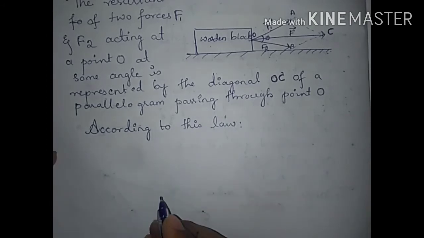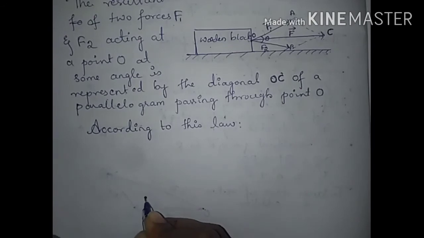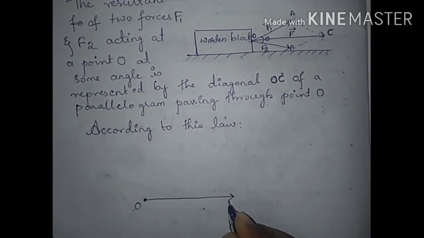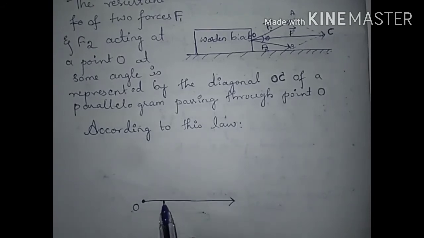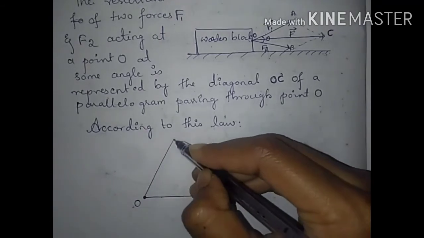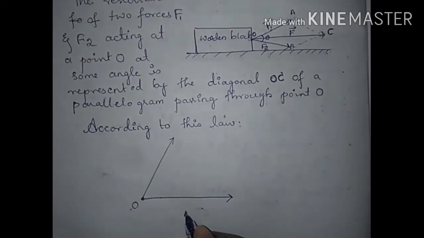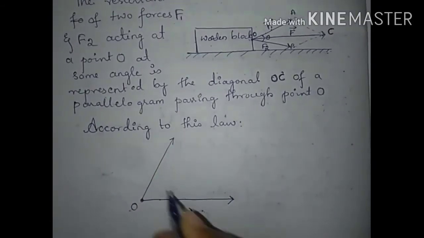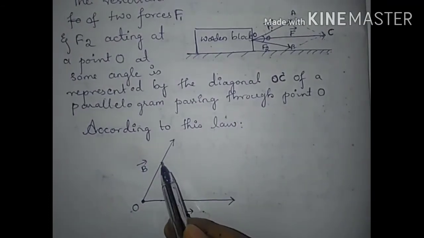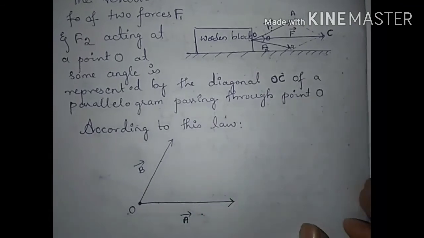So let me draw. You have a point O here. There is a vector A, which has both magnitude and direction, and there is another vector, vector B, which also has magnitude and direction.